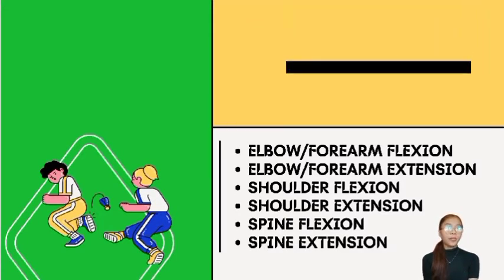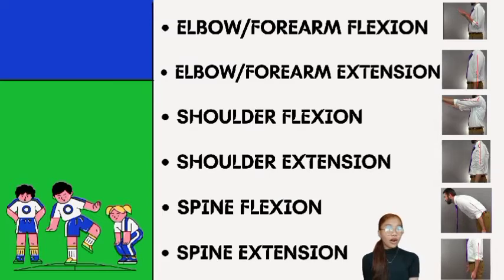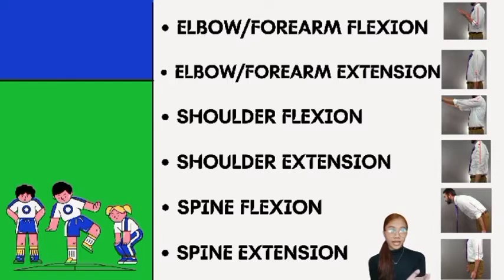For example, elbow or forearm flexion: the angle between forearm and arm decreases as the ulna moves towards the humerus bone. And then, elbow or forearm extension: the angle between forearm and arm increases as the ulna moves away from the humerus bone. So, makikita natin dyan ang demo.